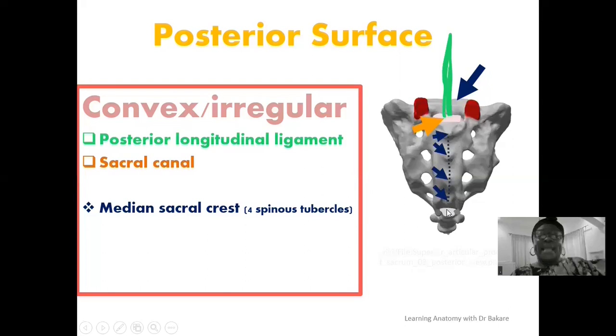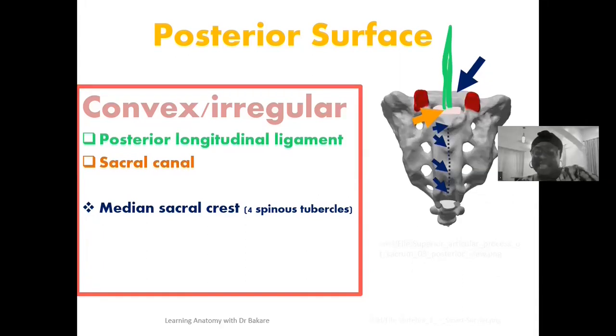But it is good to note that it is just the superior 4 spinous processes that form this median sacral crest, while the fifth spinous tubercle is not used in creating this alignment. And lateral to the median sacral crest, we have the intermediate sacral crest.